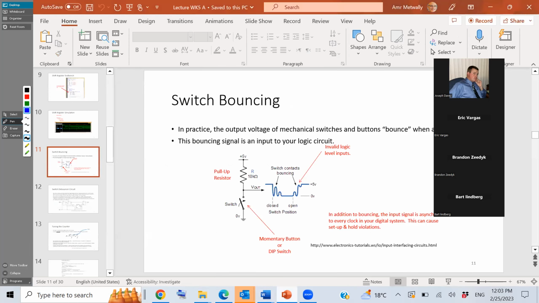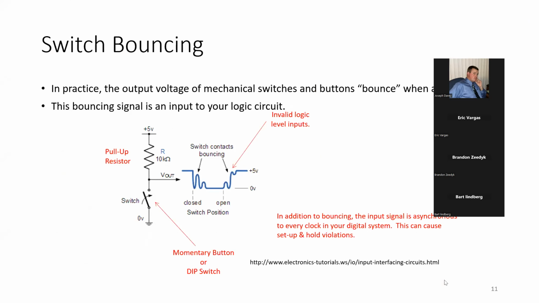Now we go back to our lecture, and we are starting with switch bouncing. What do we mean by switch bouncing? The switch has an internal spring, and this spring is moving from one position to the other.